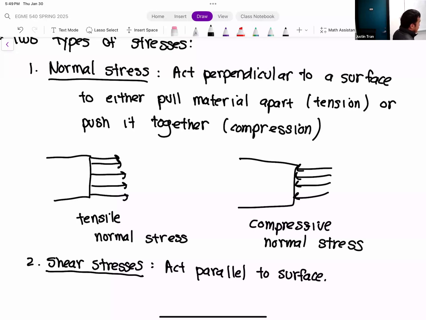All right, and shearing stresses, the main thing that they're going to be doing is that they're going to cause the material to go through what's called shearing deformation. I know, very descriptive, but I'll draw you a picture in a second.